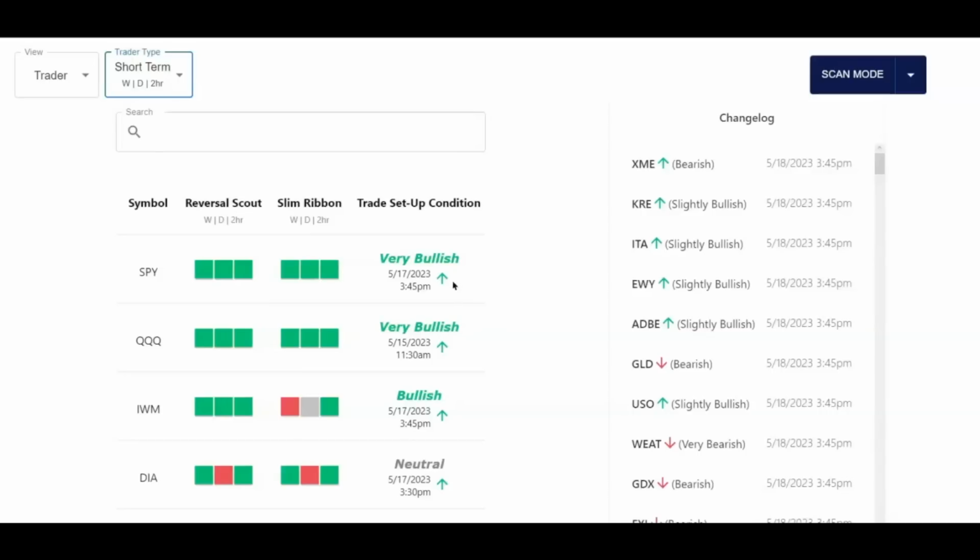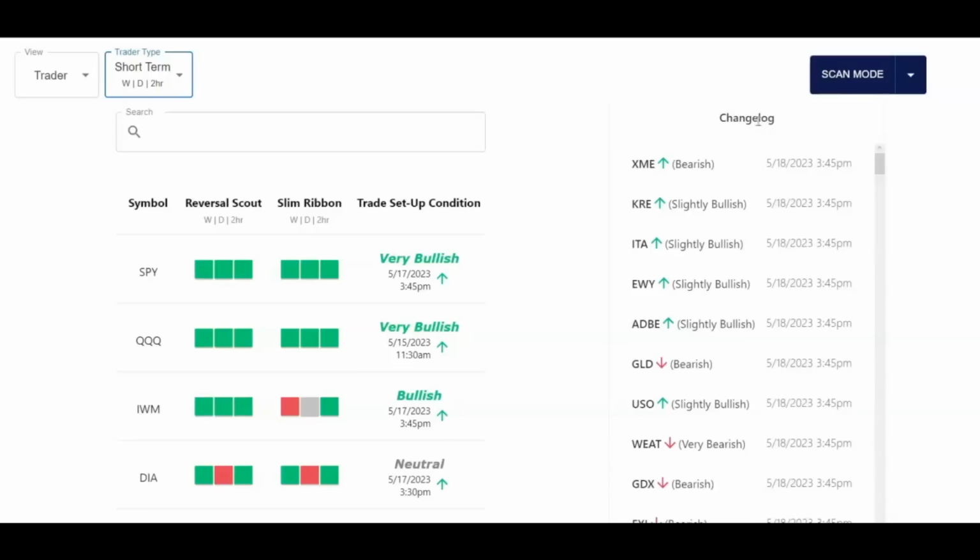And the SPY went from bullish to very bullish also on May 17th. So they were bullish, they went to very bullish. And even the IWM now has turned to bullish, and that was neutral and even bearish a while ago. And you can see the Dow Jones is a laggard right in there. What I want to do is really look at what the strength and weakness is, and I think this will give you a good idea. And over to right here is the change log.